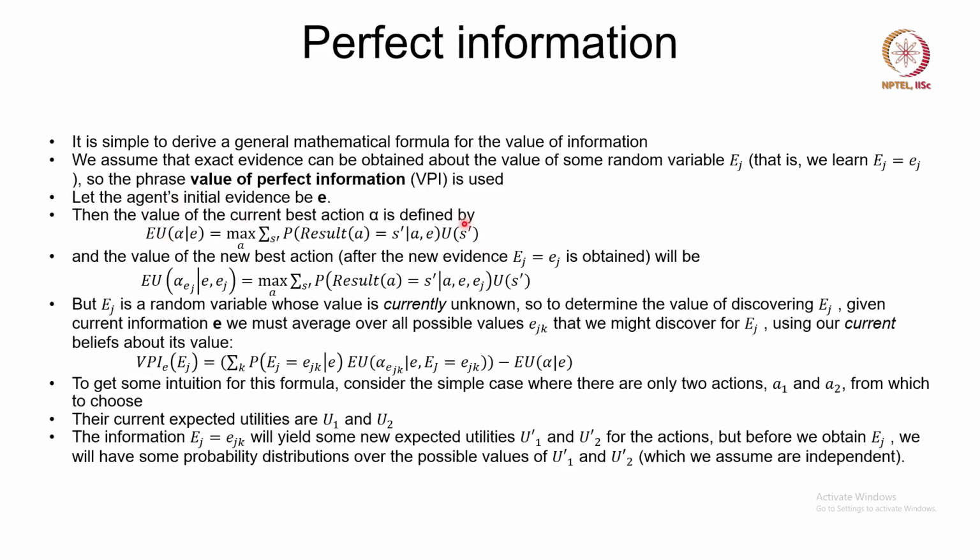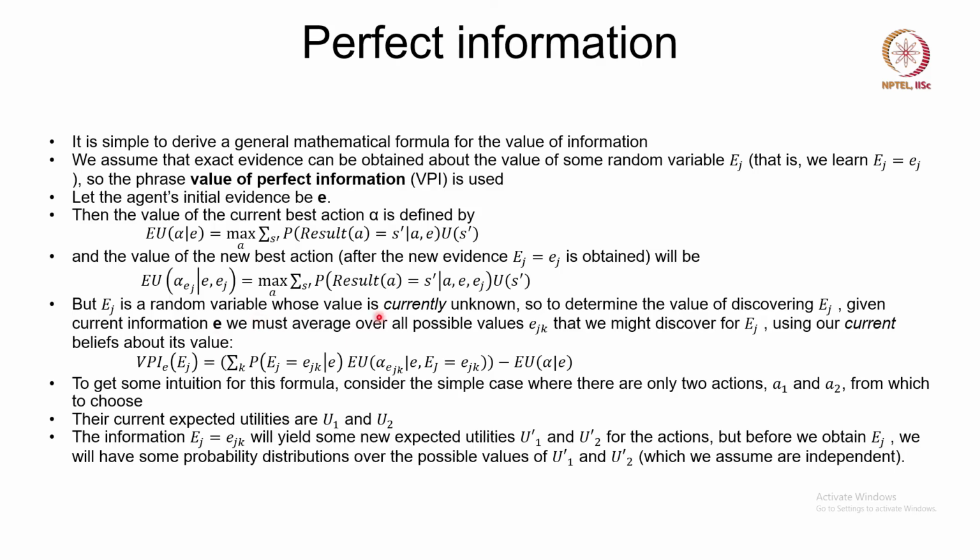So this is the expected utility with evidence E. Now suppose you have a new evidence EJ. Then you can compute the expected utility using the new evidence EJ, and you get a new expected utility. The difference between these two will give you the value of perfect information.